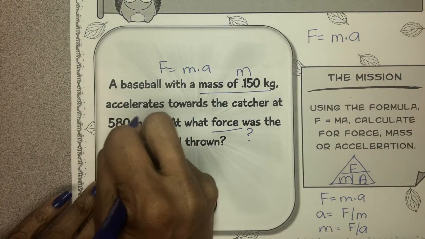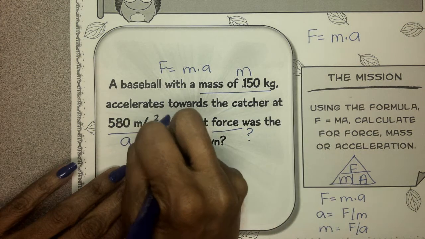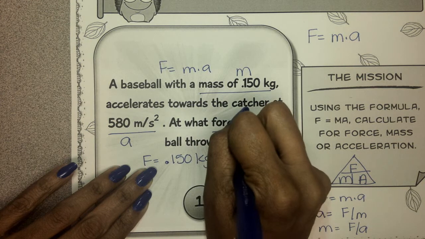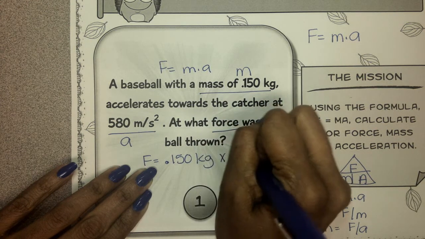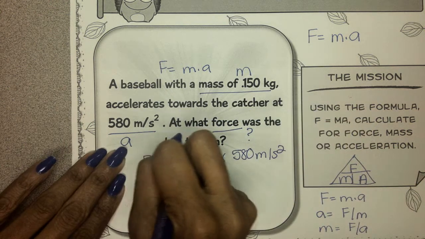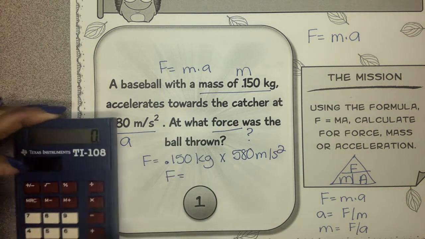So your force is equal to your mass, 0.150 kilograms, times your acceleration, 580 meters per second squared. You're just going to multiply.